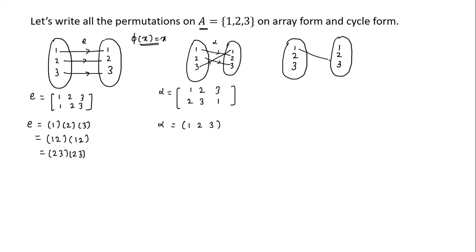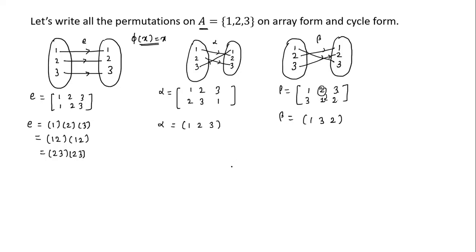So 1 is mapped to 3, 2 to 1 and 3 to 2. I can represent this permutation by beta, which is 1, 2, 3 over 3, 1, 2. And in cycle form it will be (1 3 2): 1 is mapped to 3, 3 is mapped to 2 and 2 is again mapped to 1. So this is how we can represent beta.